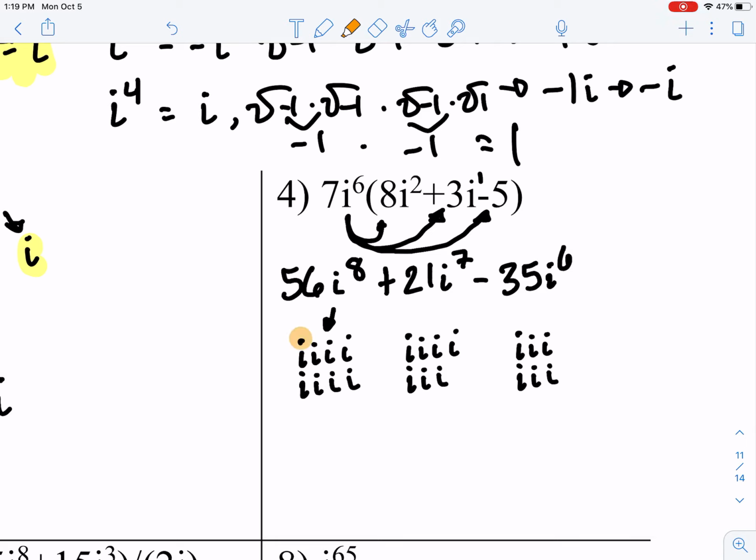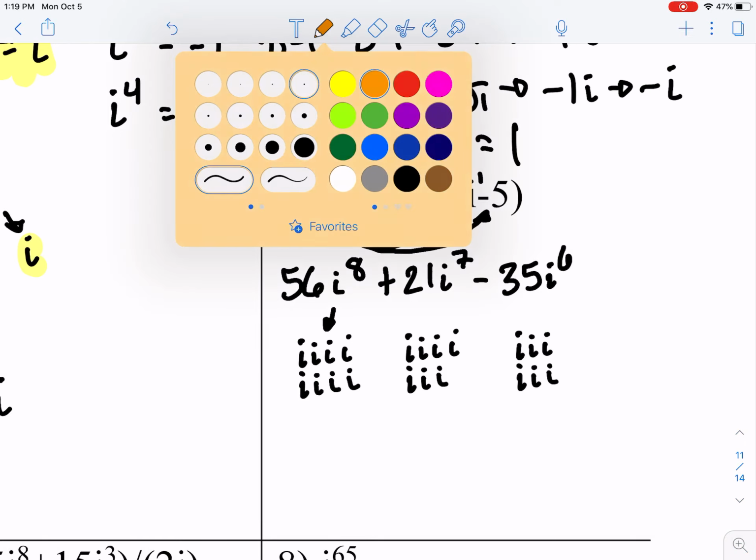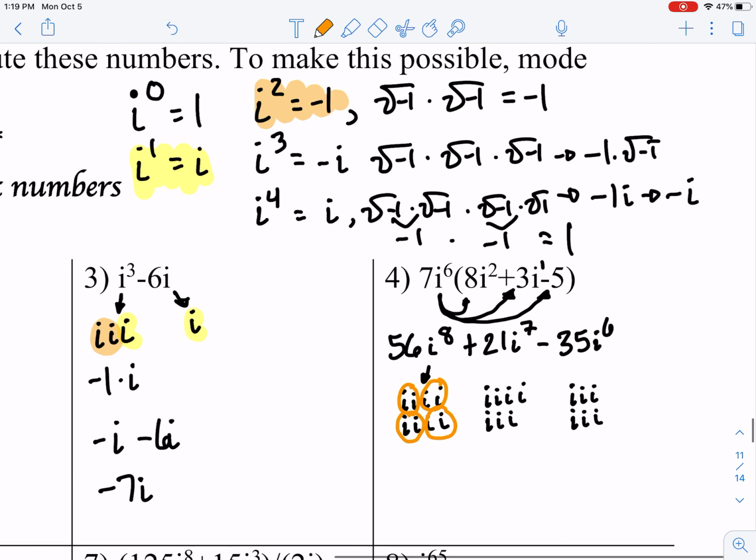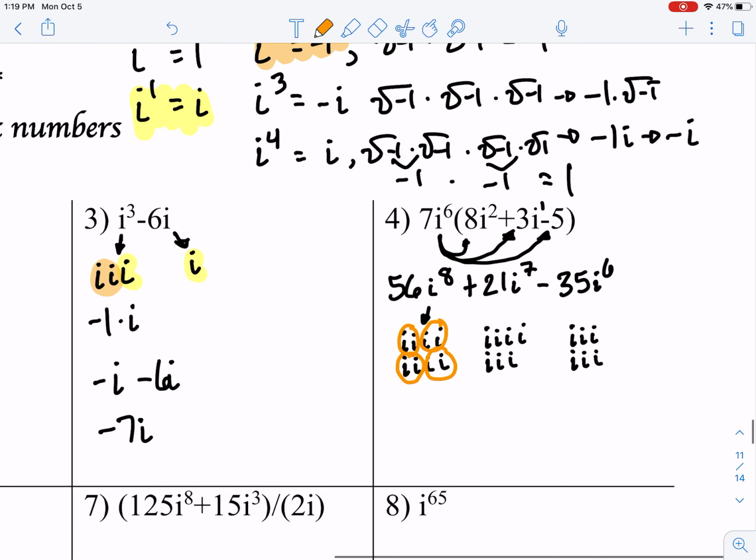Because I have so many, I'm just going to circle them. 1 group, 2 groups, 3 groups, 4 groups. And then again, I squared is negative 1. So I have 56 times negative 1, negative 1, negative 1, negative 1. Negative 1 times negative 1 is 1. Negative 1 times negative 1 is 1. So this just becomes 56.